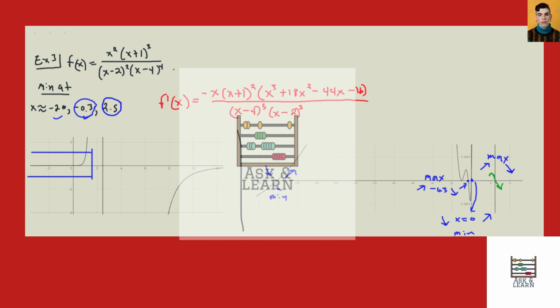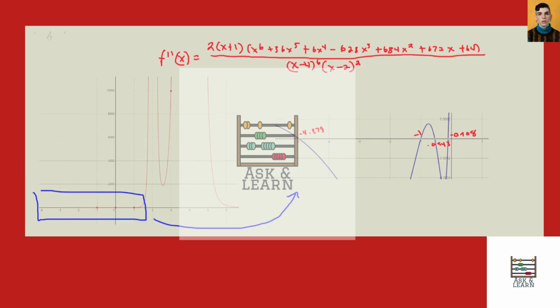Now that we've done that, we can go ahead and use the second derivative to find our possible points of inflection and intervals of concavity. What I went ahead and did was find the second derivative using our CAS software, and this first graph is just an overarching graph of it.